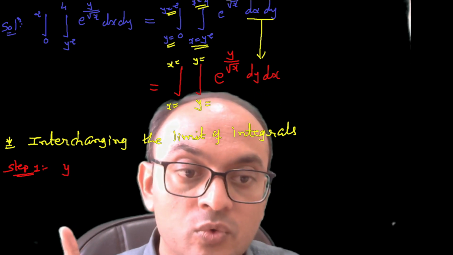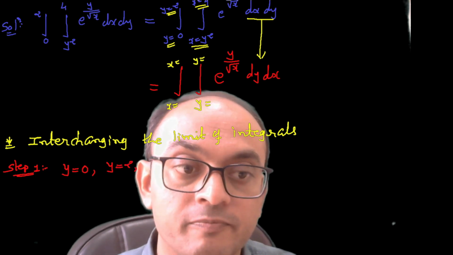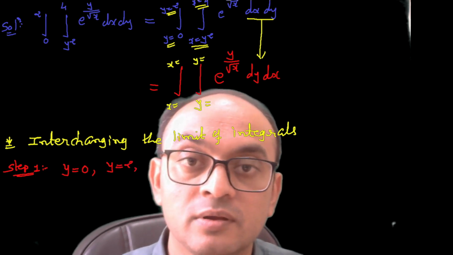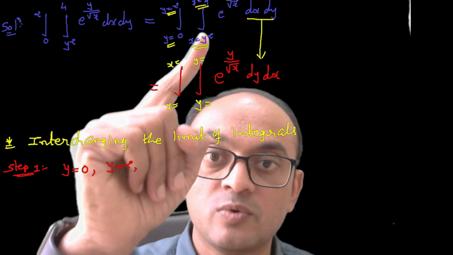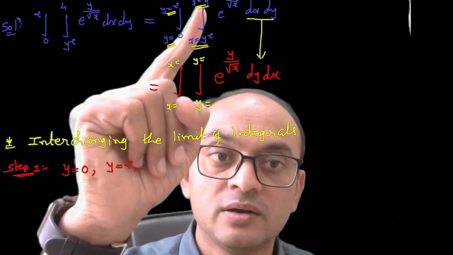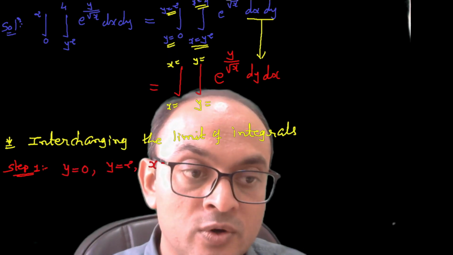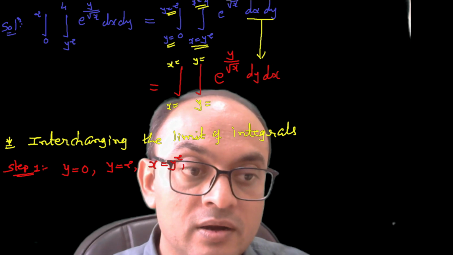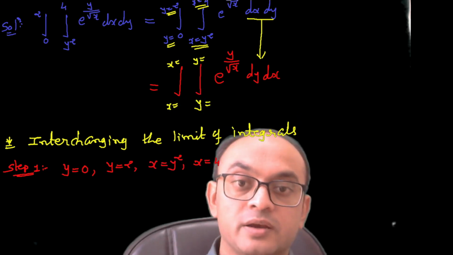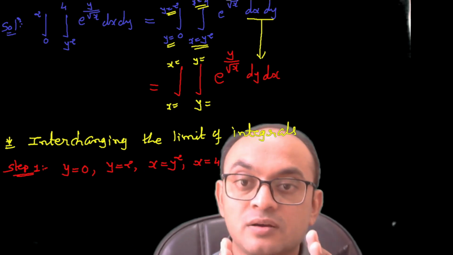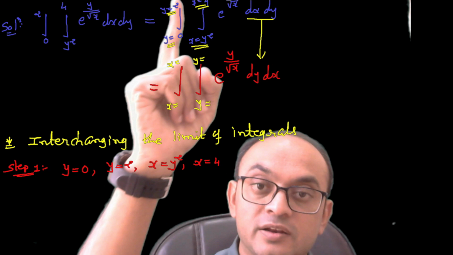The curves y is equal to 0, y is equal to 2, then x is equal to y square and x is equal to 4. So x is equal to y square, x is equal to 4, right? These are the curves we have been given from the integral.